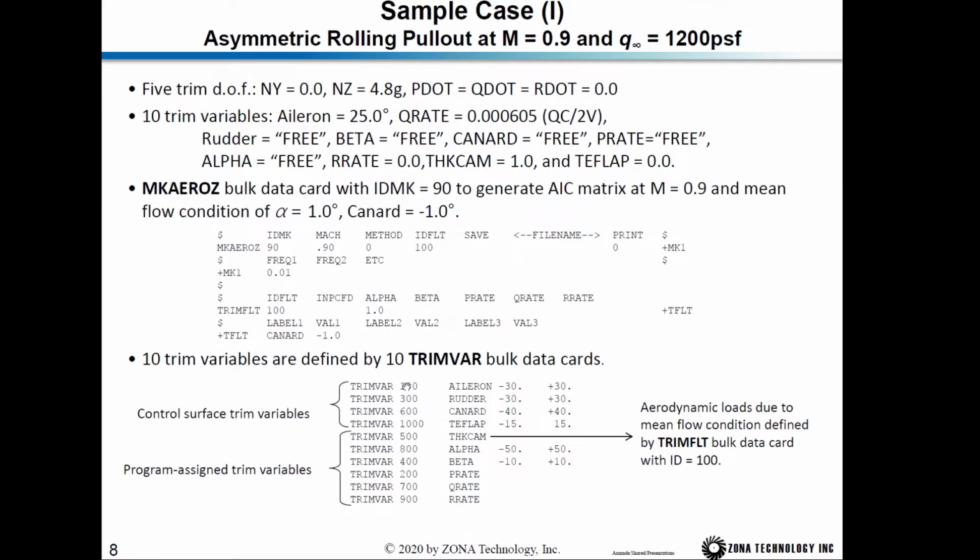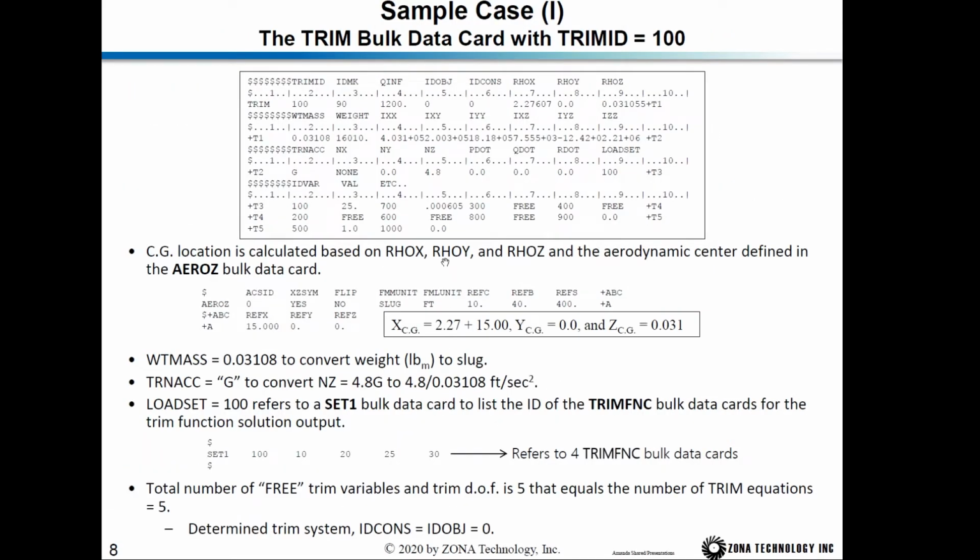So they are the rudder, canard, alpha and the beta. So we have 1, 2, 3, 4, 5. We have 5 free unknowns, and we have 5 equations.